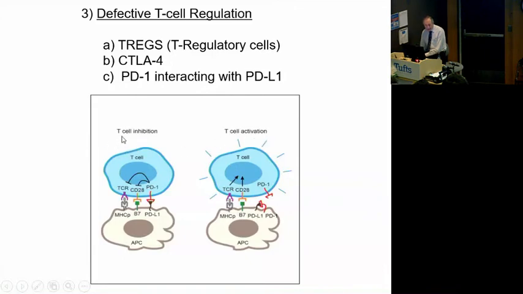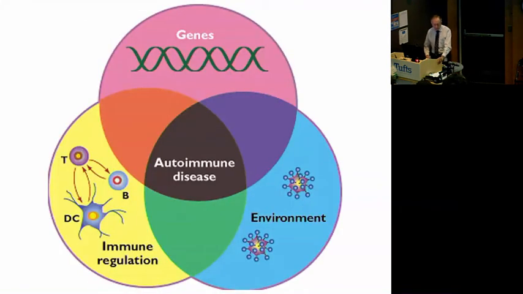T cell inhibition, the same thing, but now we have an interaction of PD-1 and PD-L1. It turns it off. Maybe in autoimmune disease this does not work. Maybe, you see. One of the control mechanisms may not work. So those are some of the immunoregulatory factors that we look at.